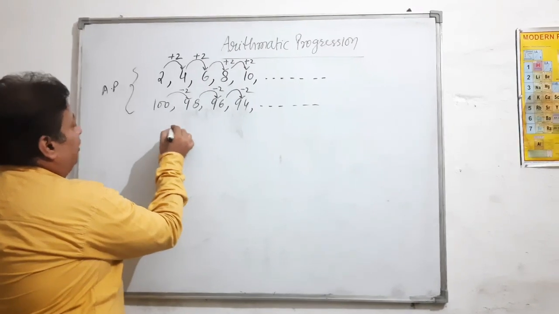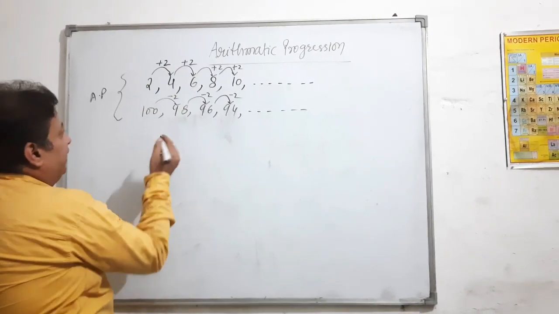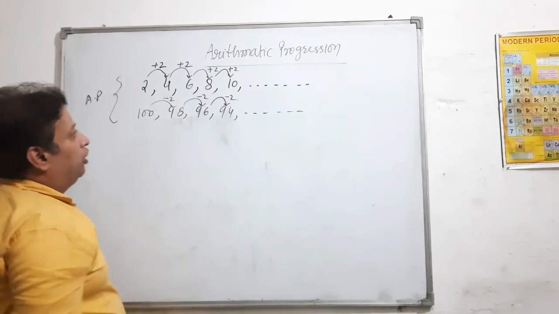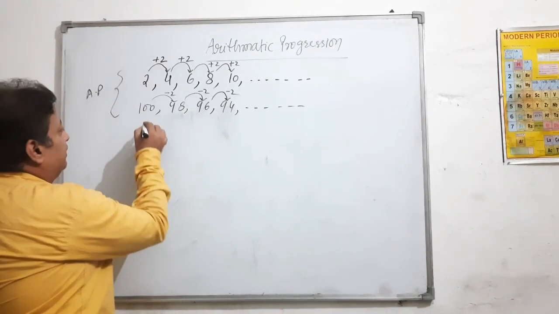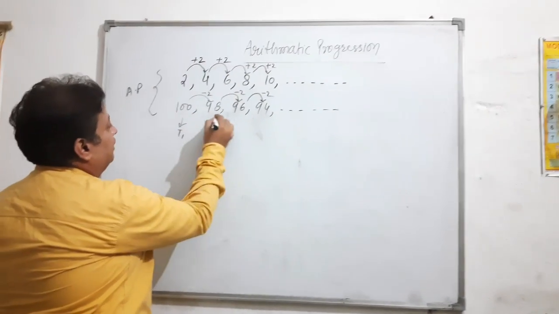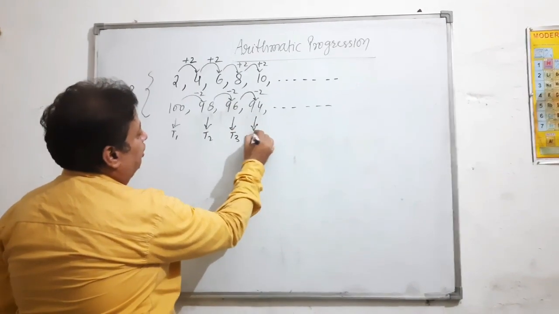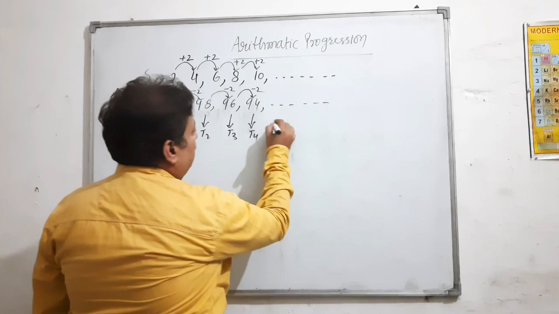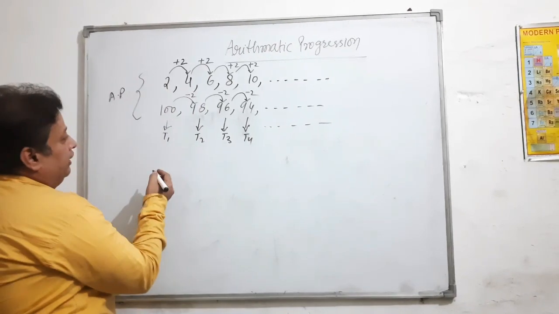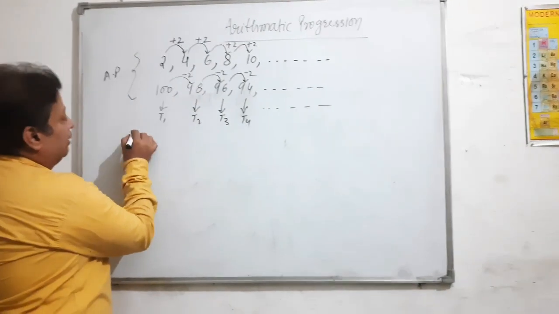Here you see that there is a common difference. All the arithmetic progressions have terms: this is the first term, this is the second term, this is the third term, this is the fourth term, and so on. So in this way, we can write the arithmetic progression.